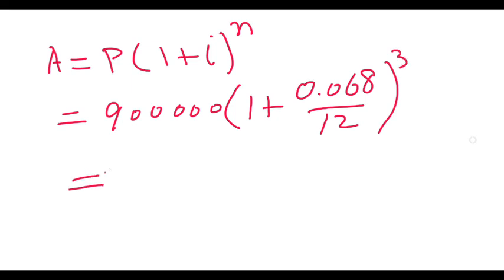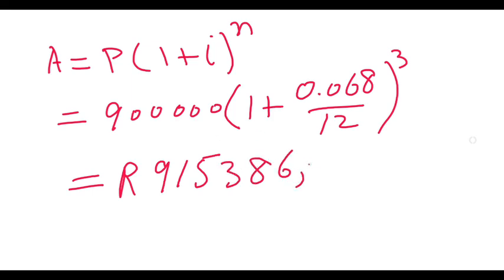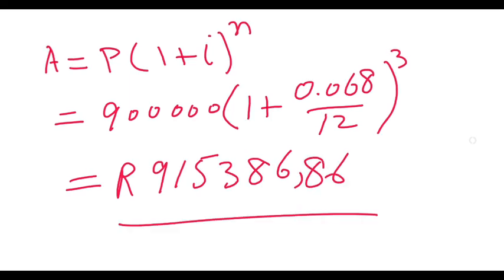Now I'm going to use my calculator. The answer is 915,386.86. So I'm going to use the present value annuity formula to find the number of payments.